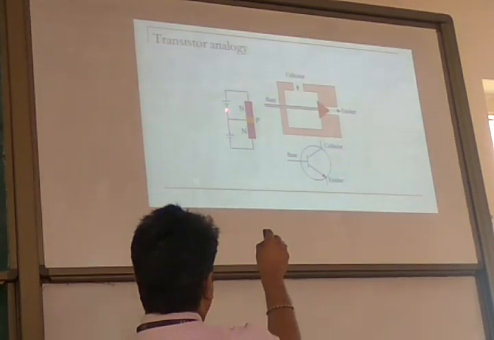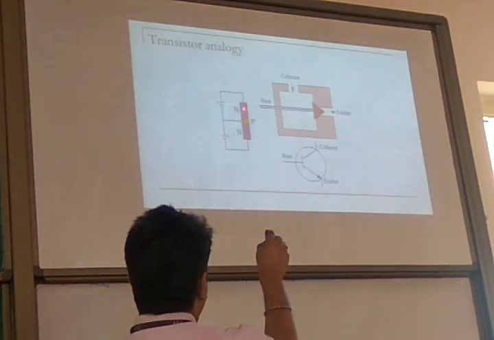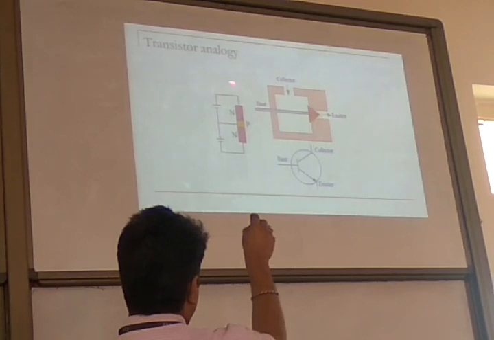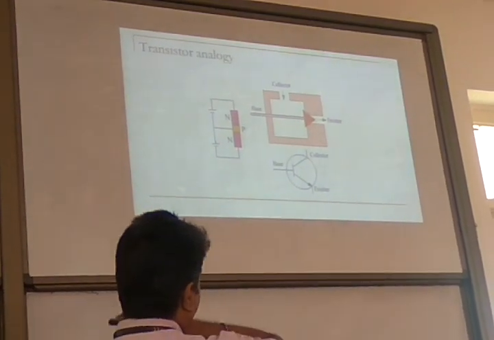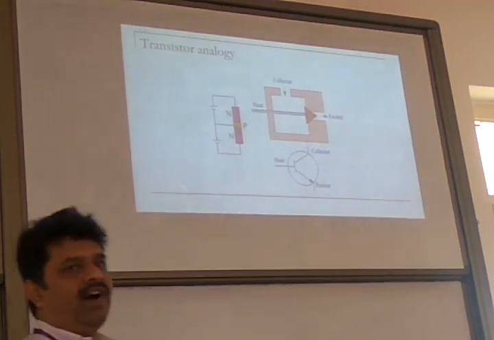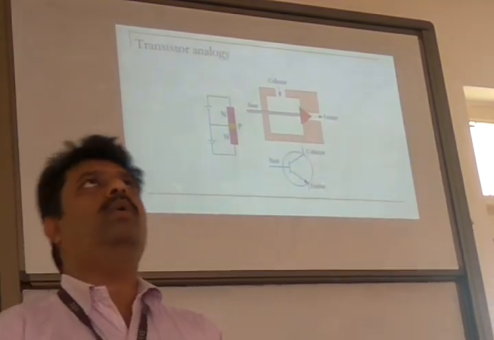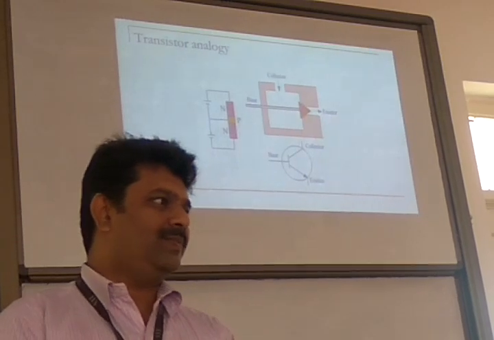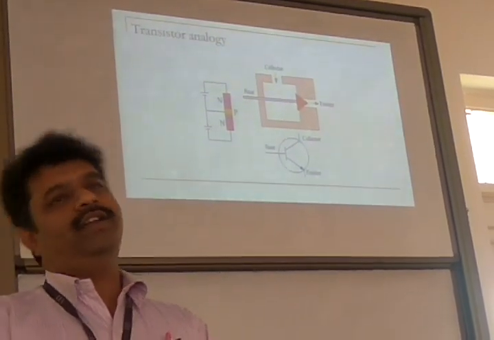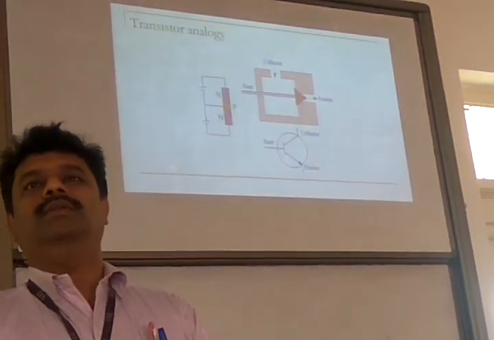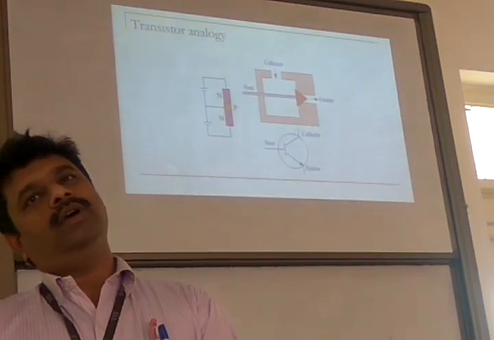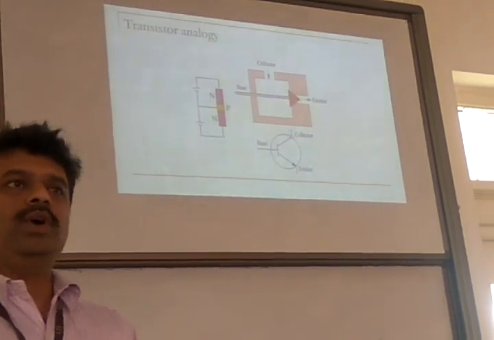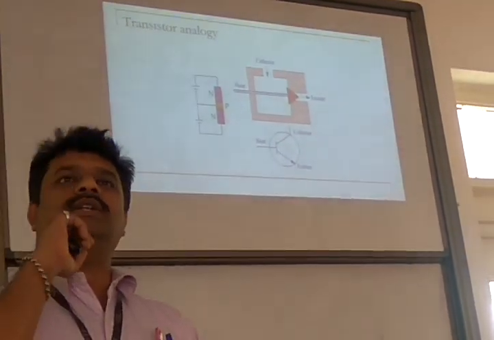Now look at the top half of it. P-type material is connected to negative, N-type material is connected to positive. So the top half of the transistor is connected in forward bias or reverse bias? Reverse bias. Which bias? Forward bias means P to positive, N to negative. So reverse bias means how will you connect?